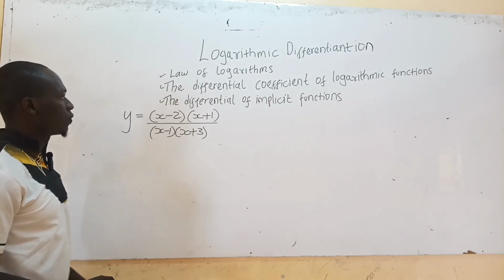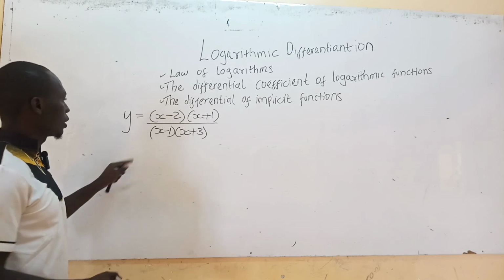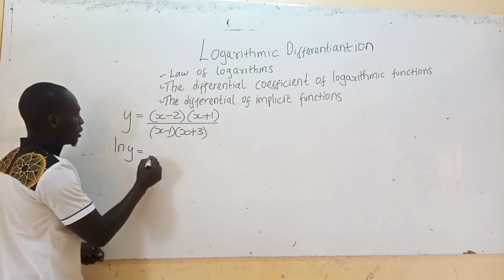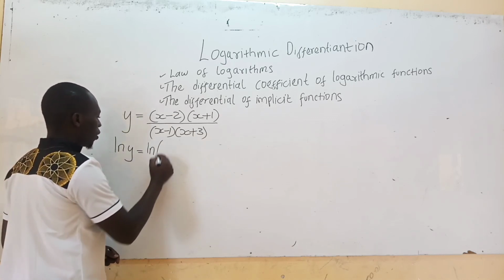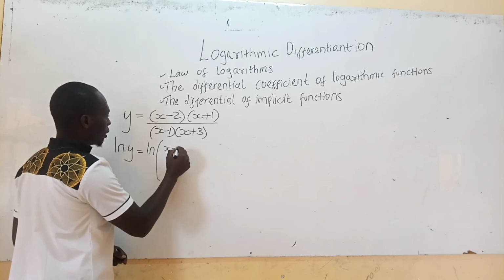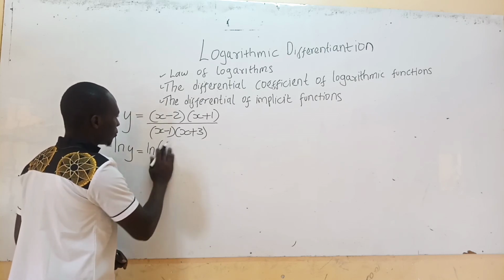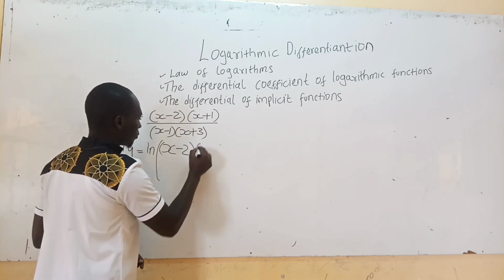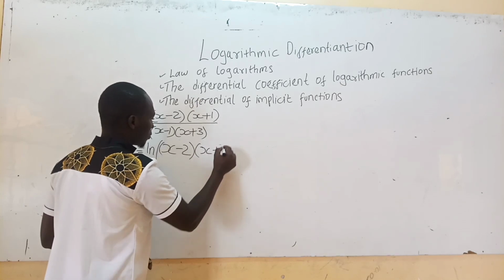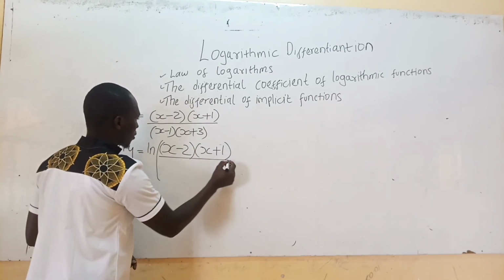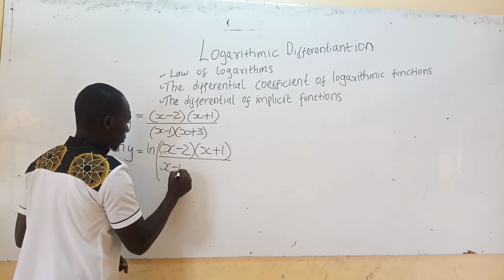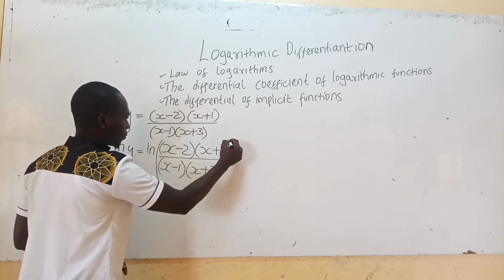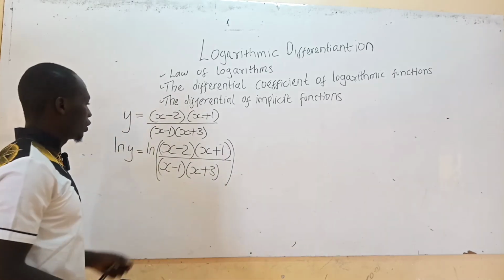And by introduction of the laws of logarithm, we are going to have the natural log of y is equal to the natural log of everything in the bracket. So this is our first step.